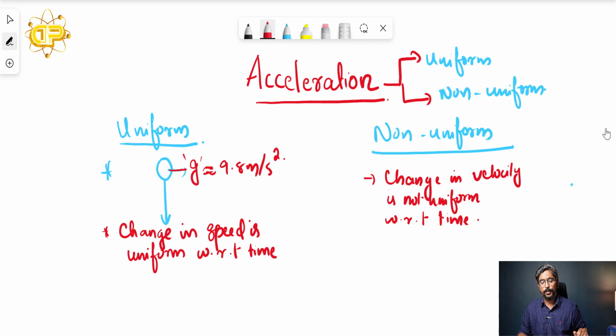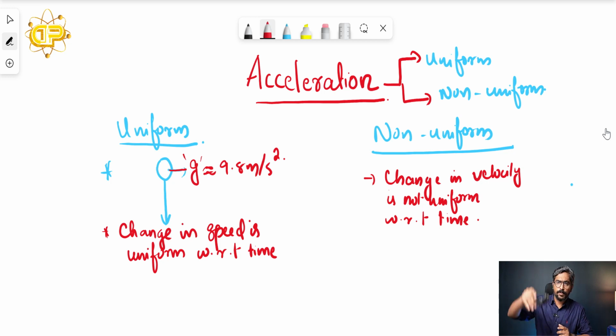So that's all about acceleration. In nature, again I'm saying, the majority of motion is non-uniform, whereas we can see uniform acceleration in the case of gravitational force.